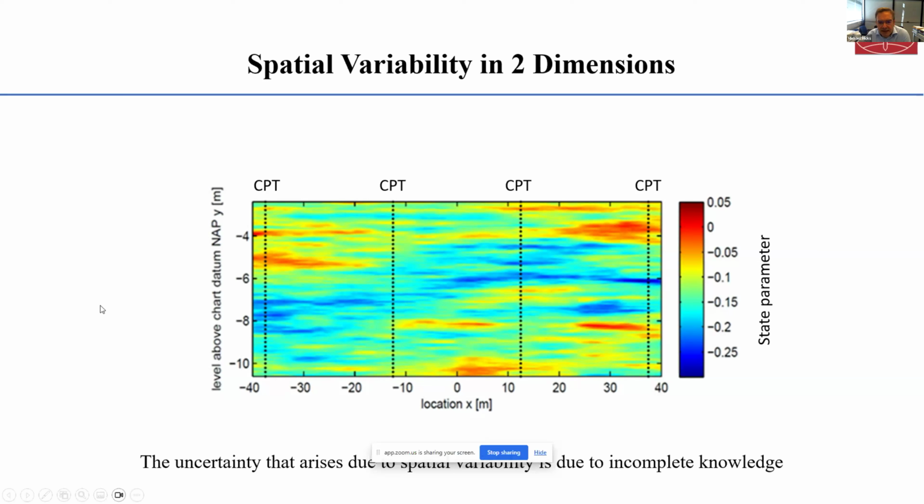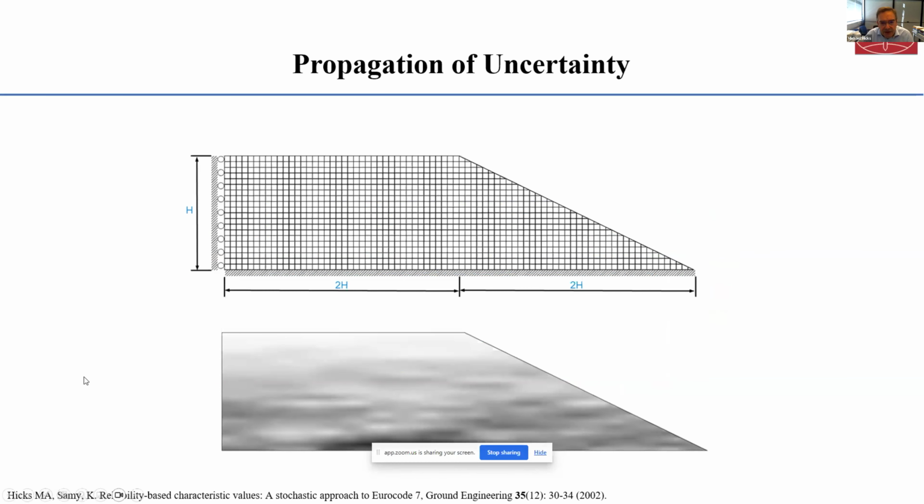Now, of course, because we're uncertain about the material profile everywhere at the site, this leads to uncertainty when it comes to analyzing the performance of a particular structure. There is propagation of uncertainty from the material level to the structure level.